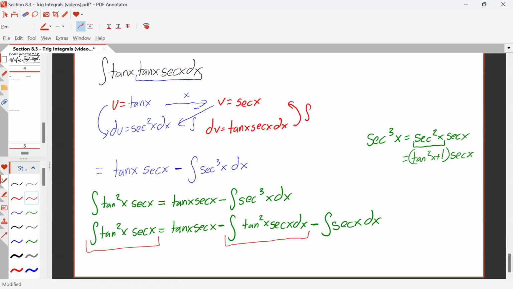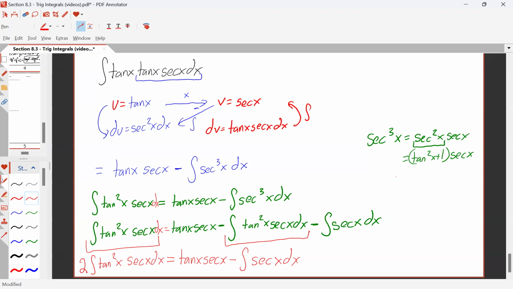Treating it like a variable, I can add that over to the other side to get 2 of this integral of tangent squared x secant x dx, missing some dx's here, is equal to tangent x secant x minus the integral of secant x dx.